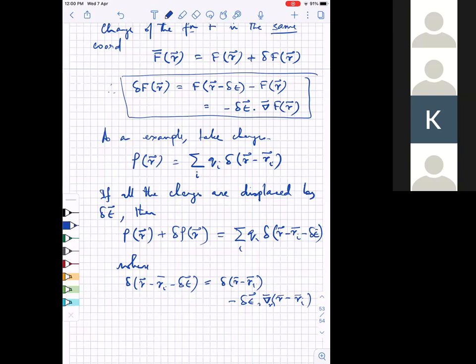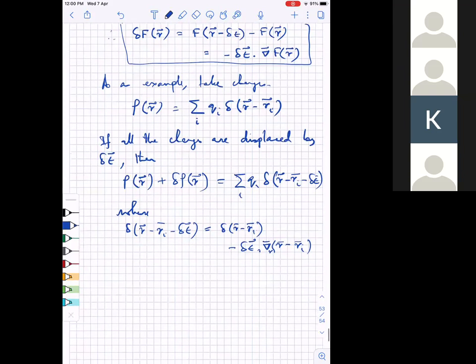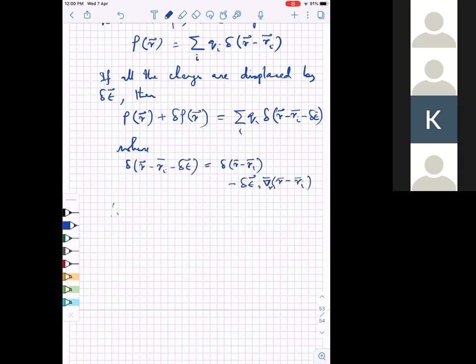Now, what's next? If I compare this with my previous one, I can find out what my delta rho of r is. Therefore, my delta rho of r is minus delta epsilon dot divergence of.